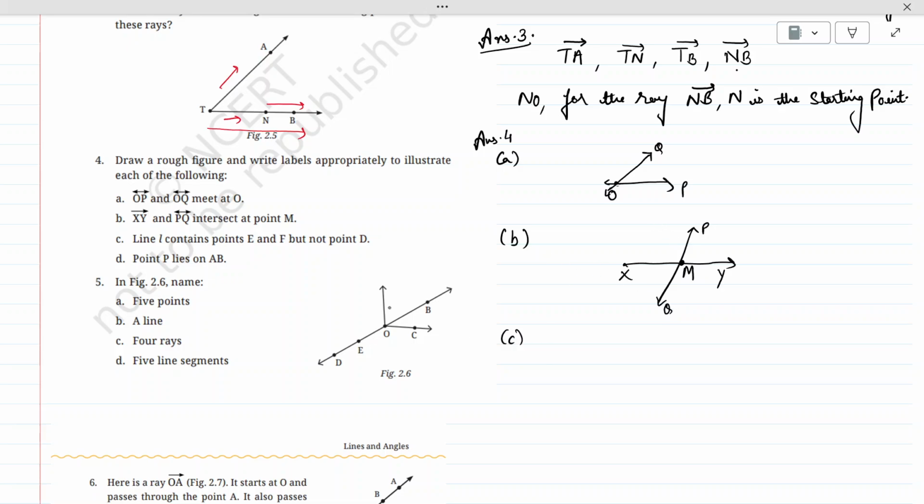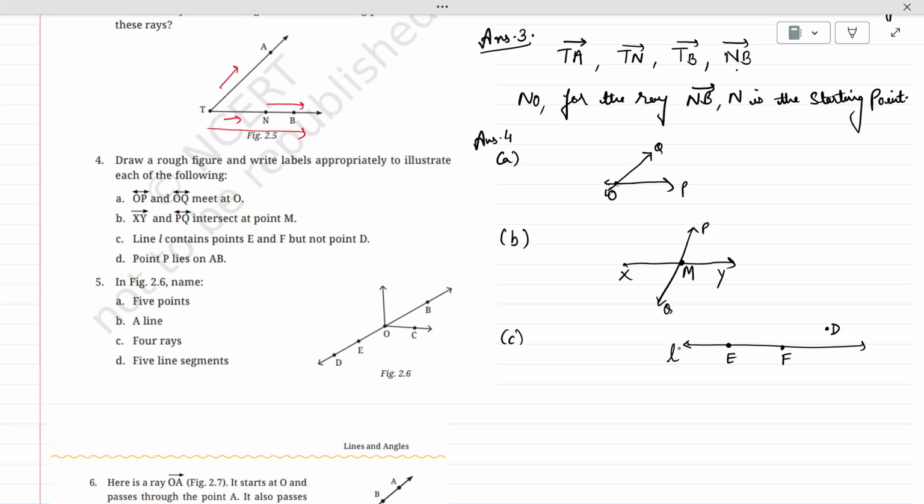Next, coming to C here is line L contains E and F but not the point D. So first of all, we have to make a line L. Let us say this is a line L. Now it contains the point E and F. It has 2 points, E and F, but not the point D. So that means we have another point somewhere here which is not on this line, but it is present.